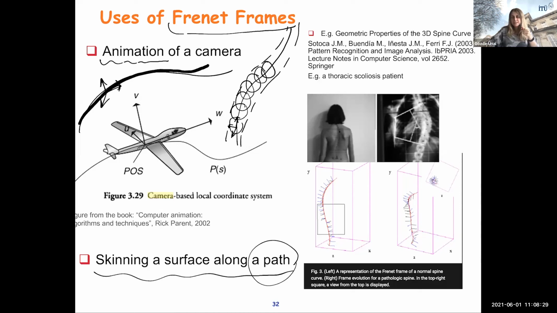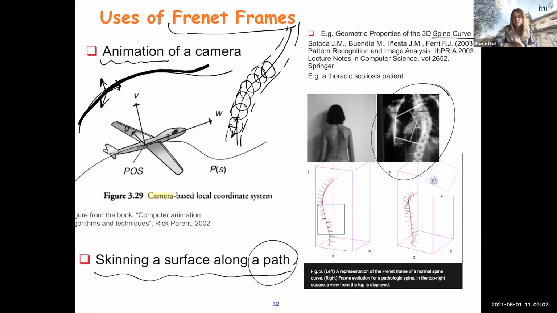On the right, there is an interesting application, an old paper, using medical imaging and vision, trying to study 3D geometric properties of the 3D spine curve. Your spine should obey, or be within, some range of geometric positioning.